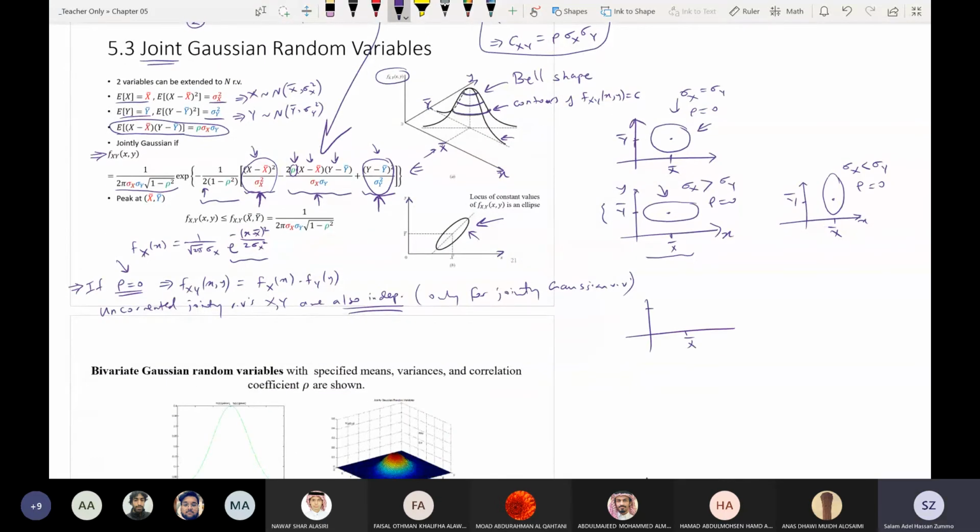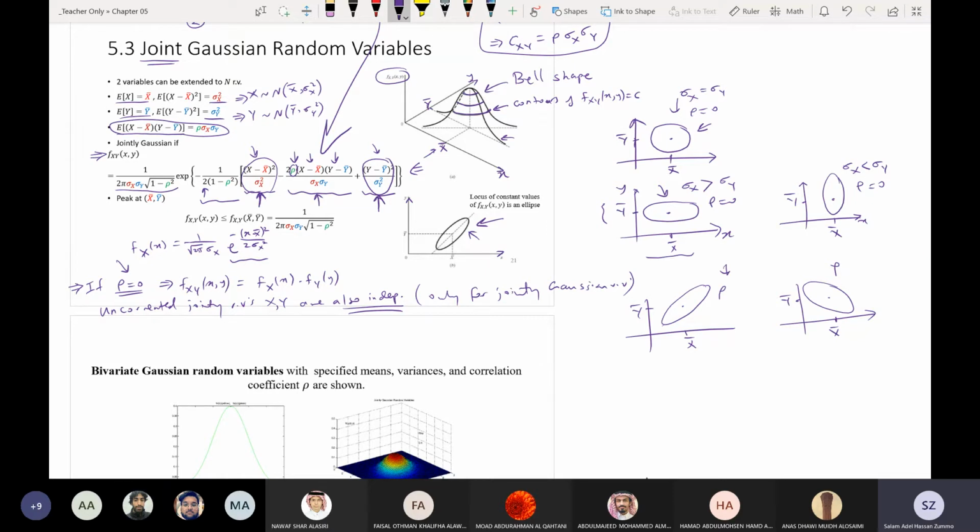If this is x bar and this is y bar, and I have a contour that is tilted like this, then is rho larger than or smaller than 0, here compared to this one? How do we compare here? In the first case, rho is what?